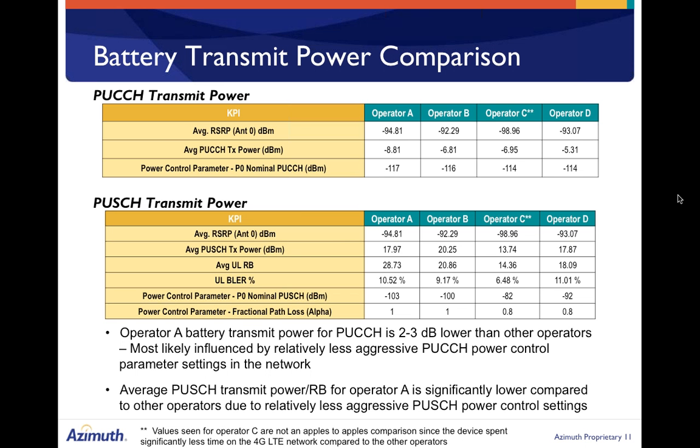So the averages that you see here would not be apples to apples. So really we can ignore the data for operator C, because most of the time of operator C was spent on the 3G network and not on the LTE network.